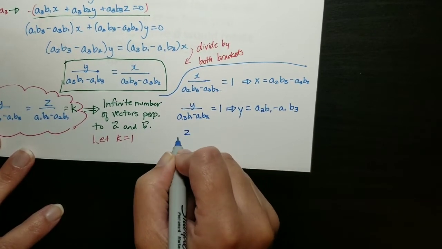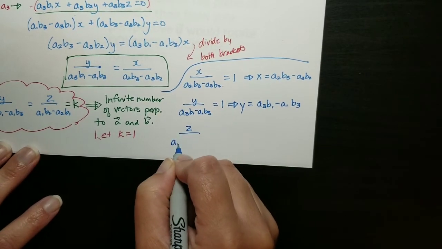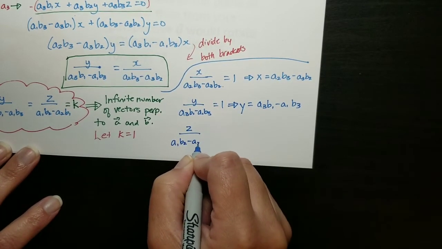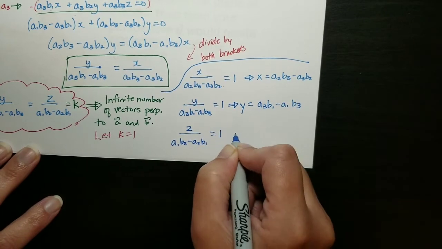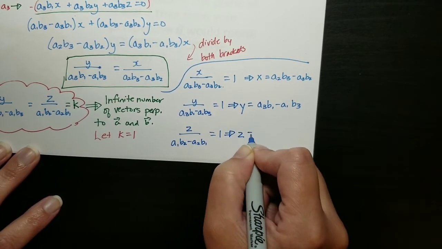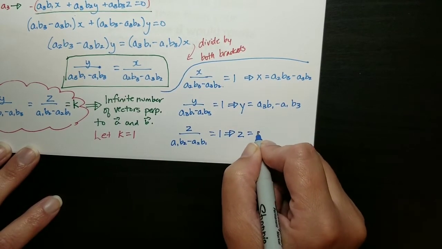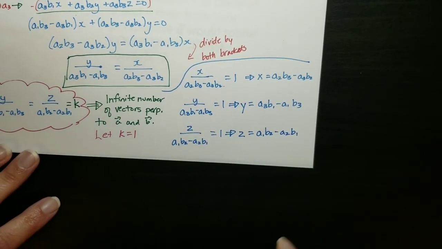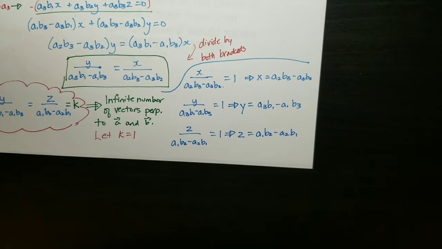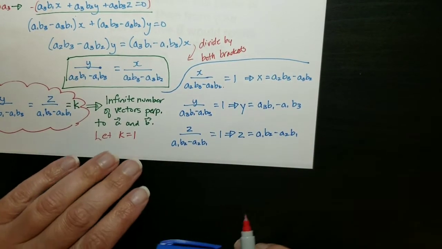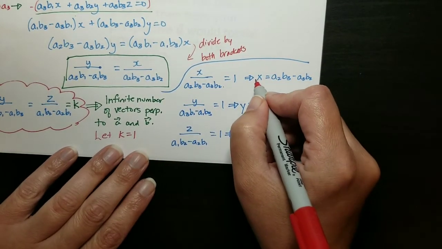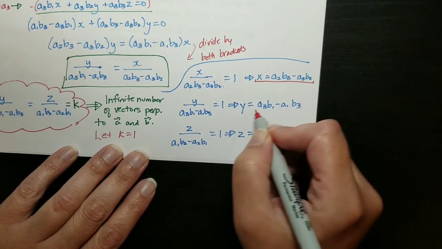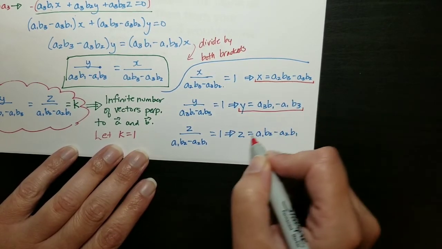And then z over A1B2 minus A2B1 equals 1, we get z equals the stuff on the bottom, A1B2 minus A2B1. These are still not great equations, but I'm going to show you in the next video a much nicer shortcut of how to do them.